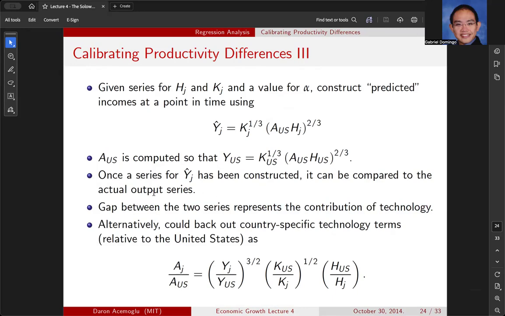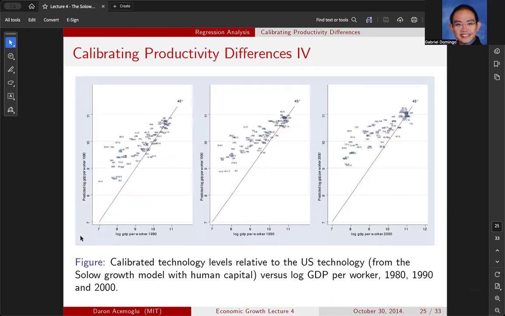So let's look at the data right now. Let's jump to the data. And this is calibrating productivity differences 4. And here you have the predicted log GDP per worker, right? And then this is the log GDP per worker, the actual GDP per worker. And this is the 45-degree line here.